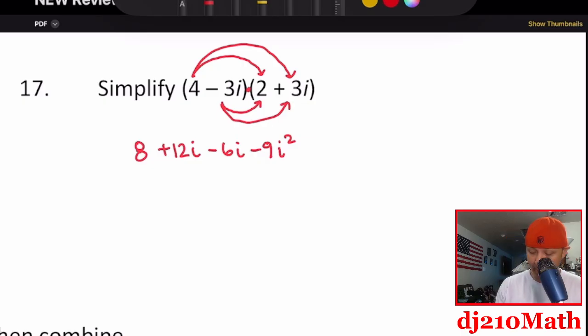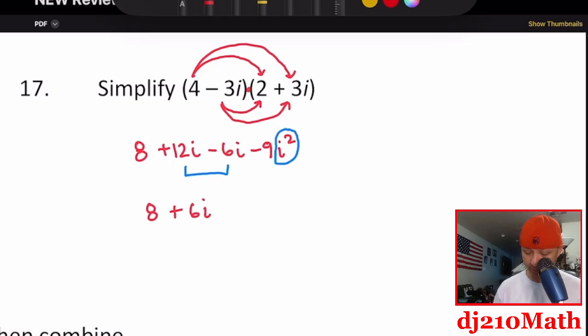Okay, first off, we can combine like terms right here. 12 minus 6, so it's going to be positive 6i. All right, let's talk about this. Minus 9i squared, right?